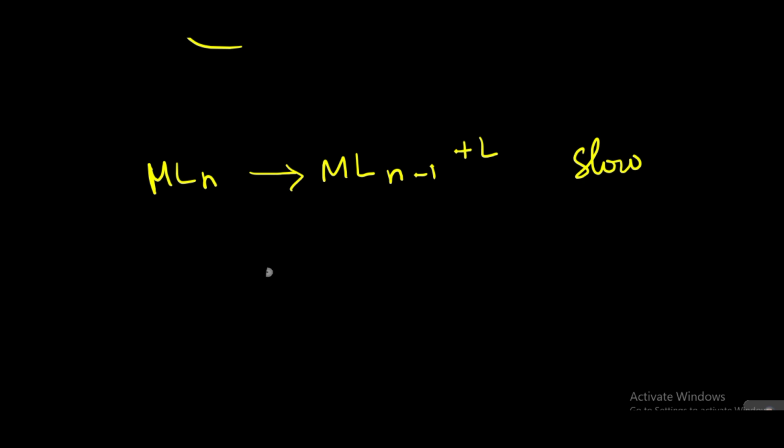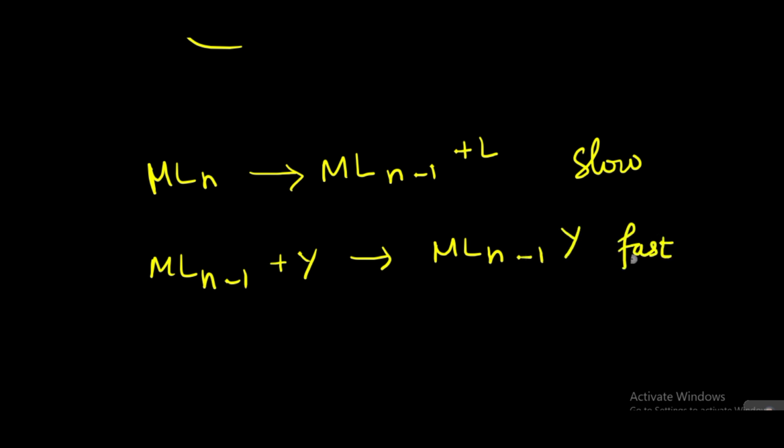In this step, the ligand to be replaced is lost from the complex. Then the vacancy created in the coordination sphere is taken by the new ligand. It is a fast step.